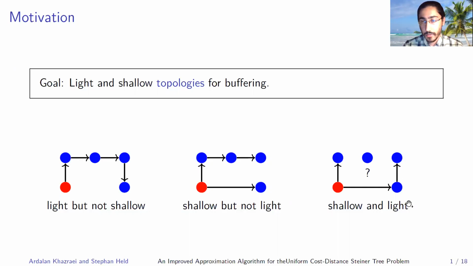For example, if the node here on the bottom right has high priority, we may want to connect it directly from the root. Whereas if its priority is lowered, then this minimum cost spanning tree might be better.